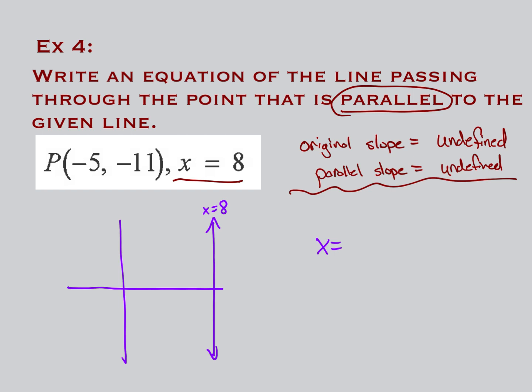Not -11, because that's the y. What's over here? -5. So your new equation is just going to be x equals -5. And if you were to plot that out, x equals -5 would be over here somewhere. Okay. So you see how that's parallel, but it still goes through that point they want you to go through? So that's all you do there. Any questions?